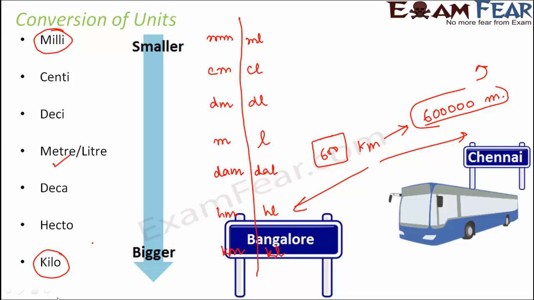For that, let us make use of a memory tip which will help you to remember this. Now this is something which is very relevant to children of your age. If I ask you to memorize milli, centi, deci, deca, hecto, kilo, that might sound really boring and difficult to remember.